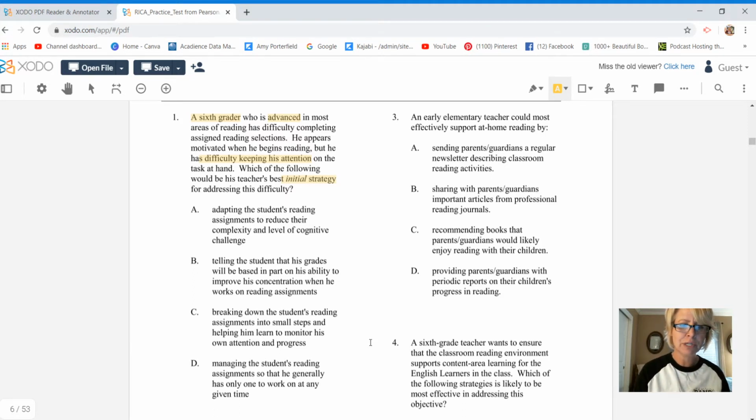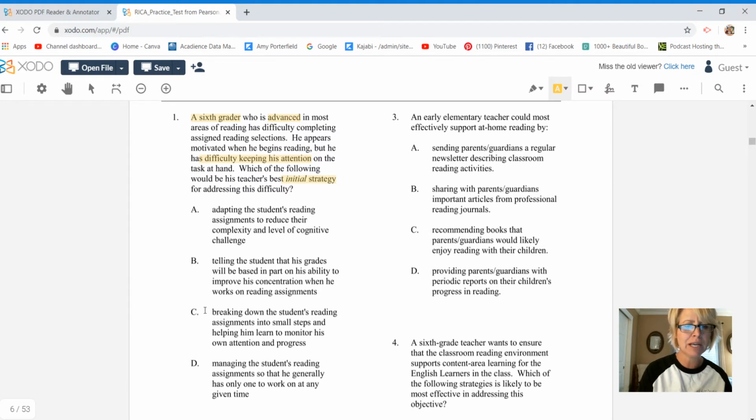Managing the student's reading assignments so that he generally has only one to work on at any one given time. So we've got 2 here that are possibilities. And so the question is, what do we do first, and what do we do that is going to be best for this particular student?